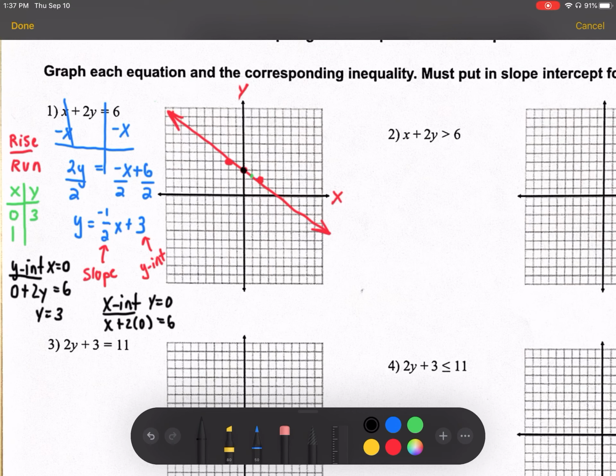I'm thinking that when we drew our line, it was off. I just didn't draw this line very straight when we drew it originally.